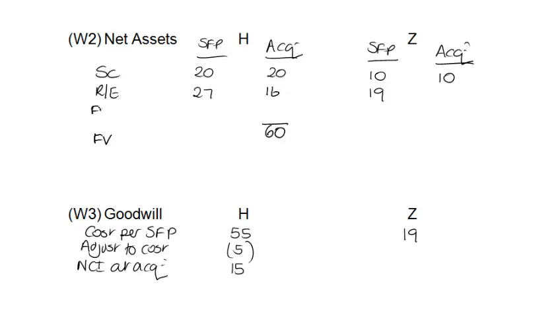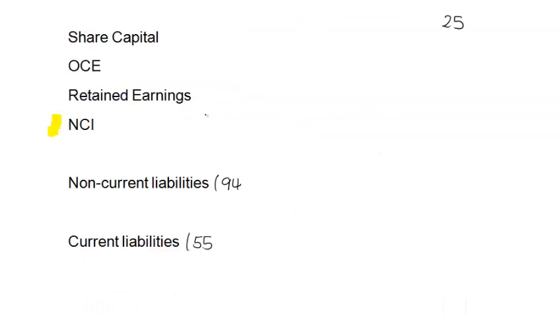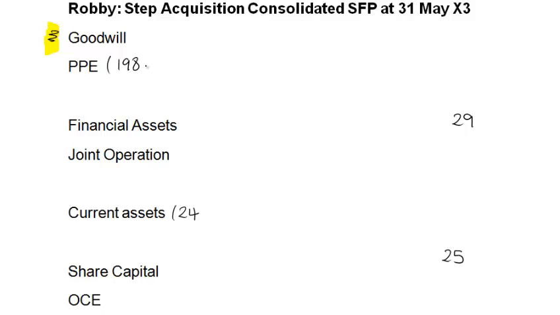So our fair value adjustment, these two together add up to 36. If I compare 36 to 60, my fair value adjustment in respect of land is 24. Credit reserves 24, debit land in PPE with 24.